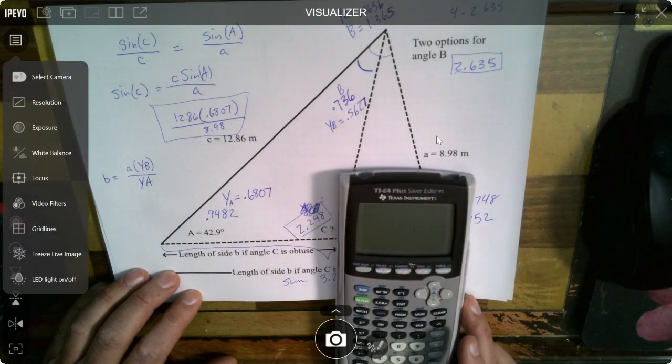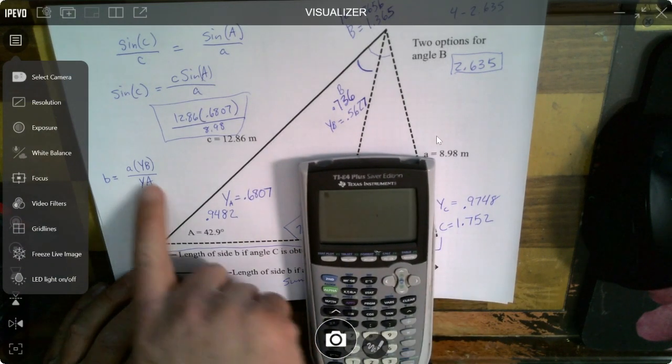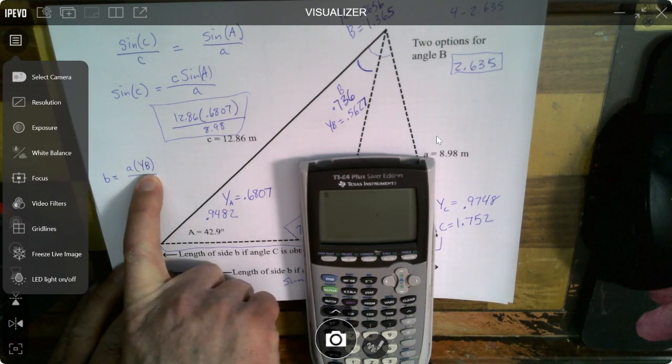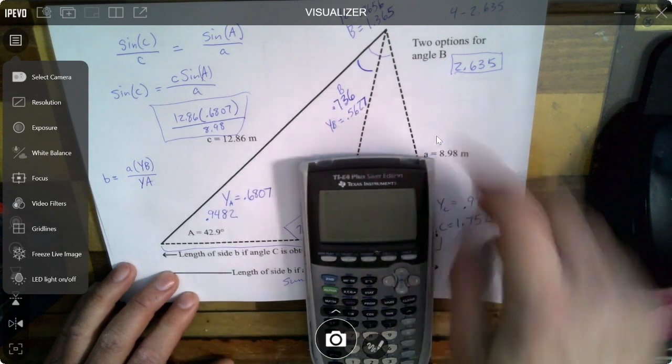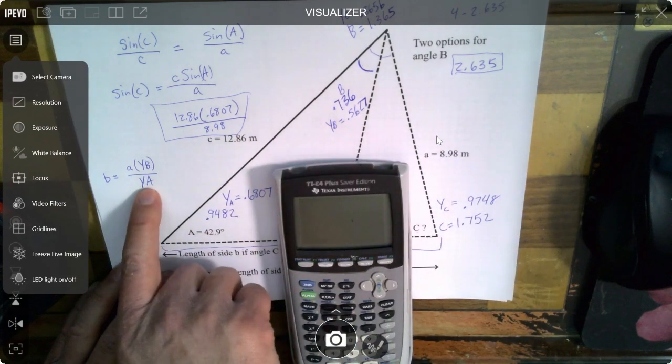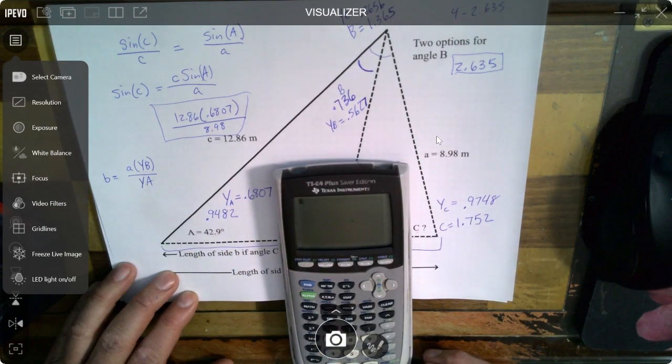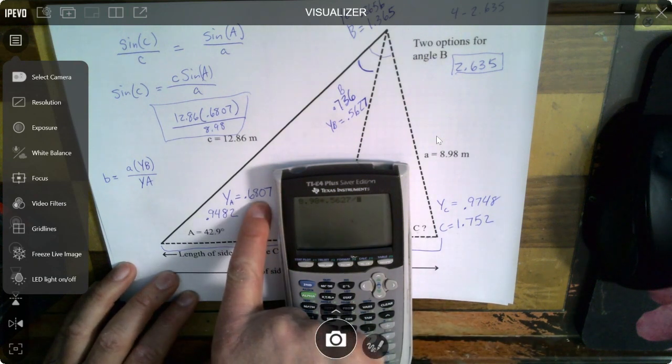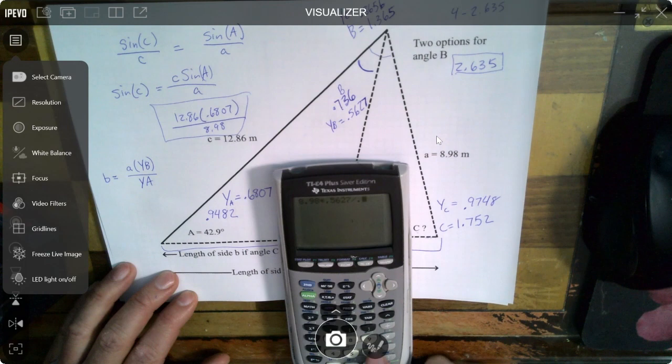So we're doing this formula with our new sine ratio for B: side A times that sine ratio divided by the sine ratio for A. So we've got side A, 8.98, times the sine ratio for B, 0.5627, divided by the sine ratio for A, 0.6807.